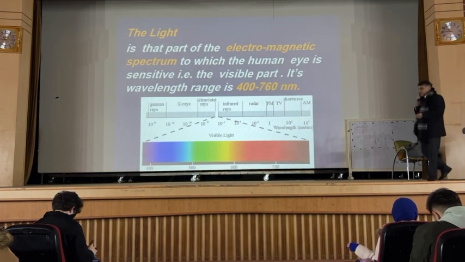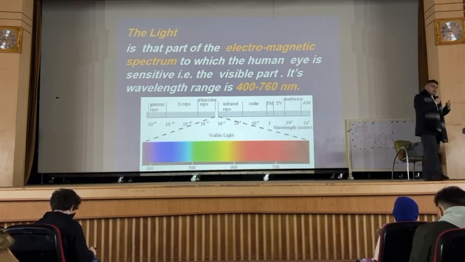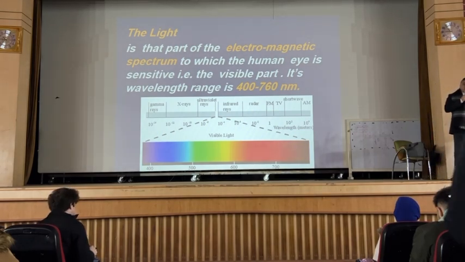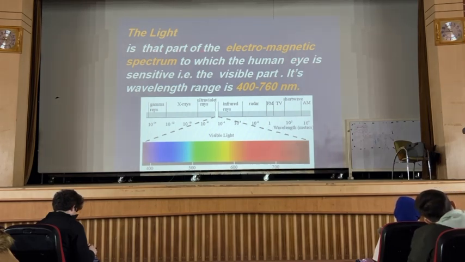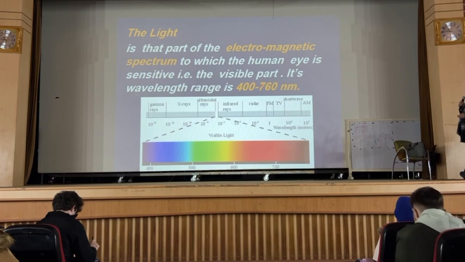All of us can see only when light enters our eye from an object. From the surroundings, there will be light that stimulates our eye. And what is light? Light is that part of the electromagnetic spectrum to which the human eye is sensitive. It is the visible part, with a wavelength of 400 to 760 nanometers.